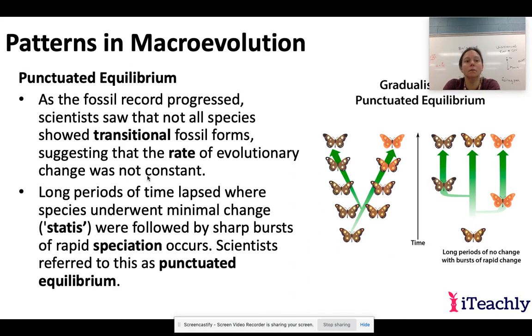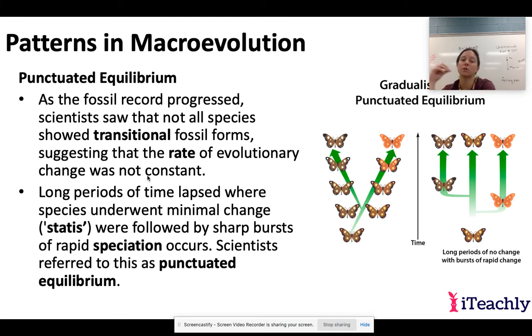Punctuated equilibrium: fossil records show that not all species have traditional fossil forms. There are gaps and there are holes. And so this suggests that the rate of evolution is not necessarily constant, that it's not gradual and slow, but that there are periods of big changes.